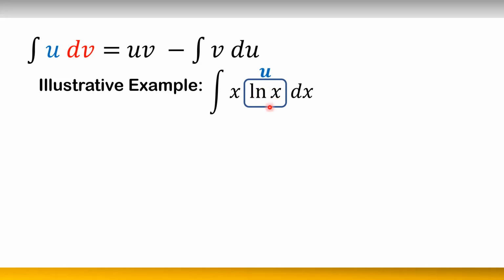Okay? So, pag kinuha mong u yung isa, that means the rest of the function becomes your dv. Yung natira, automatic becomes your dv. Okay? So, this and this one, naka-combo siya, naka-package, or naka-bundle, yung naka-encircled expressions na yon, this will form our dv.